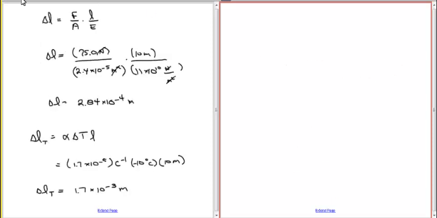So our total delta L that we use in the calculations is 2.84 times 10 to the minus 4 meters plus 1.7 times 10 to the minus 3 meters.